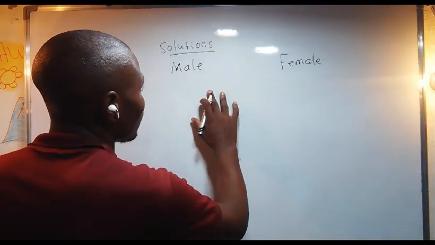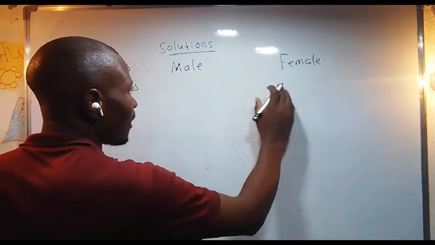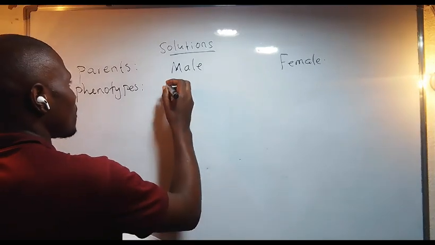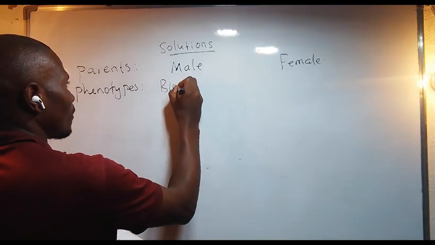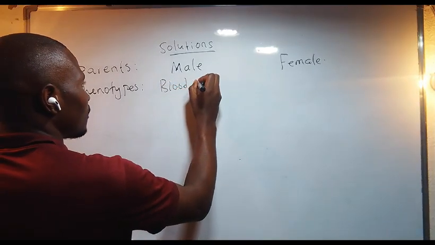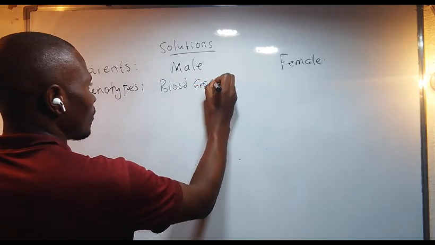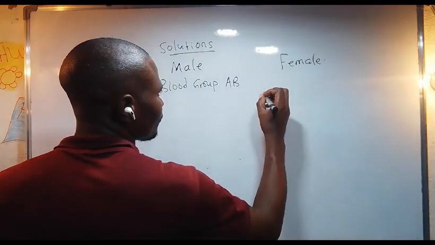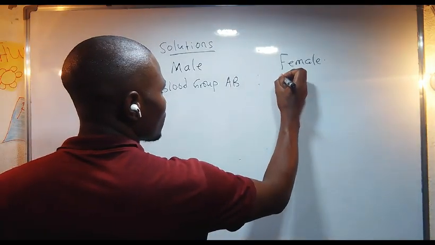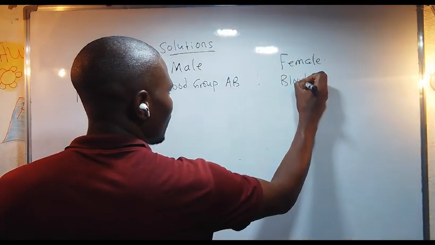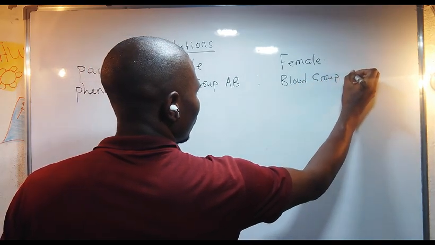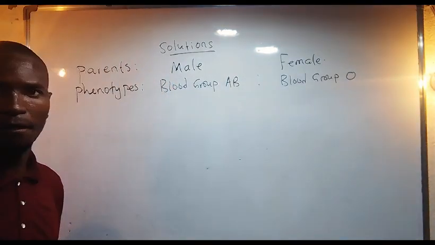The male is the father, and the female is the mother. We have been told that the male is blood group AB and B, and this one is blood group O.